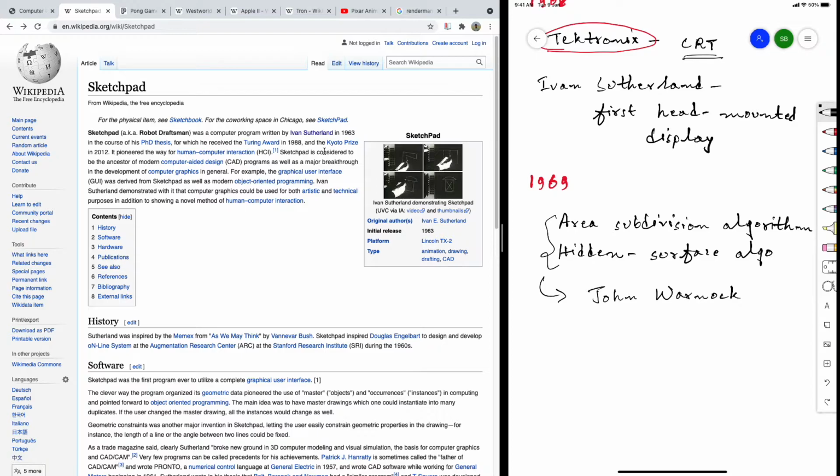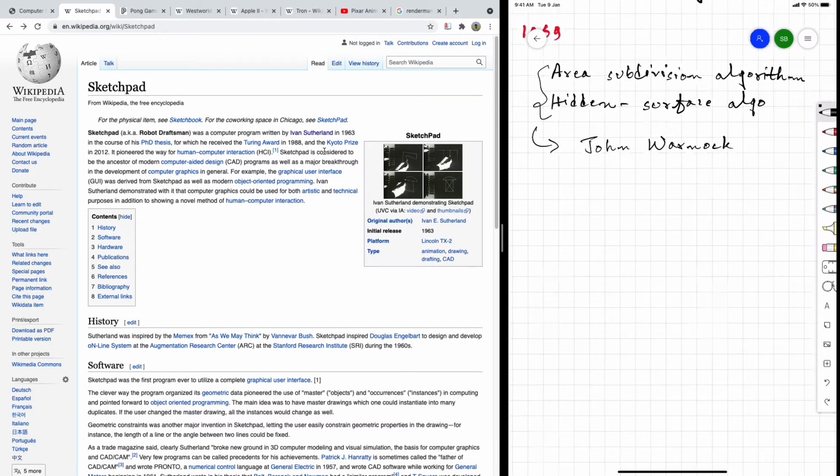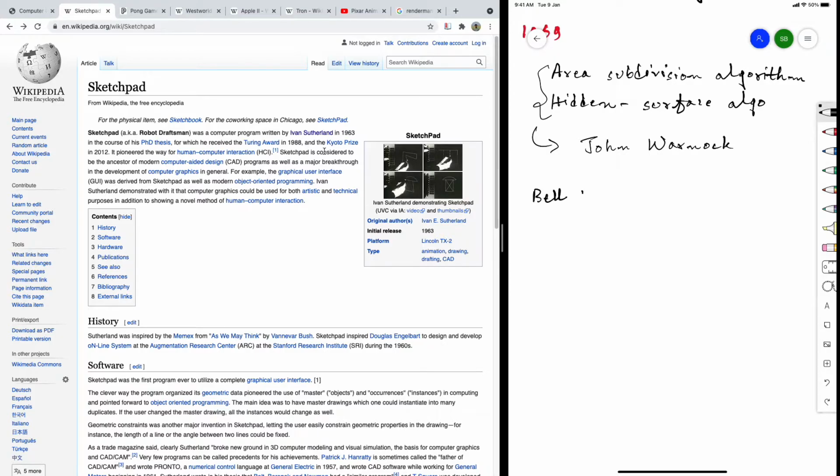And in the same year 1969, one more thing happened. Bell Labs, very famous in the field of computer science, as you are most probably aware, released the first frame buffer containing 3 bits per pixel.